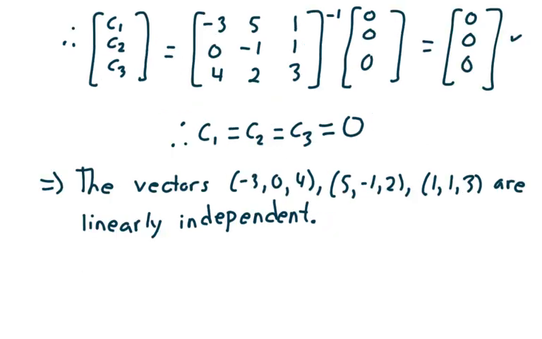And that will concretely show that C1, C2, C3 all have to be 0. And so therefore, all three of those vectors are linearly independent in R3. And what that basically means is that one vector cannot be written as a linear combination of the other two vectors.